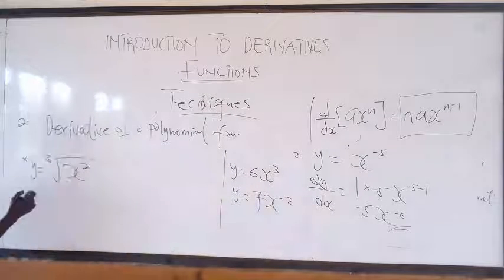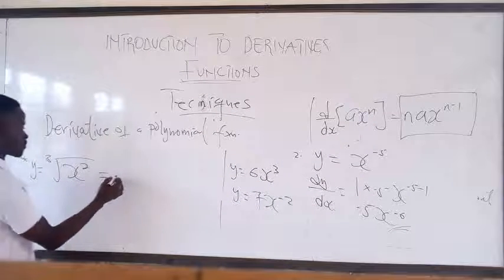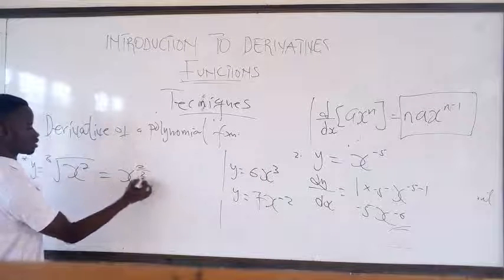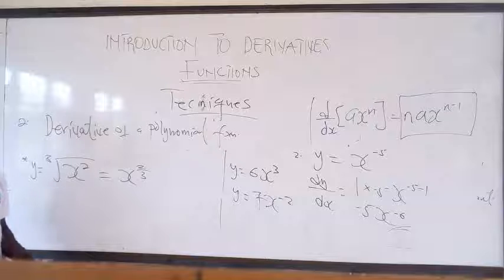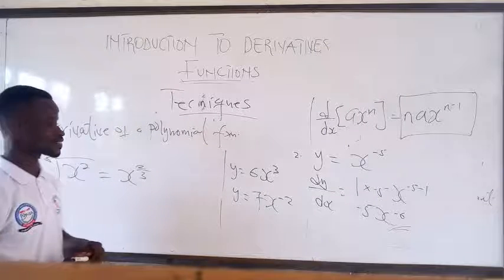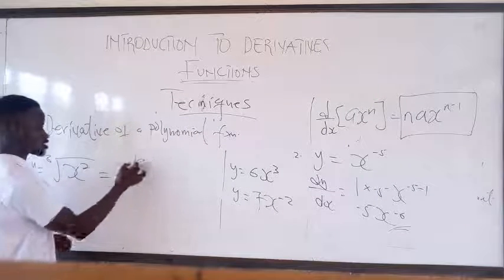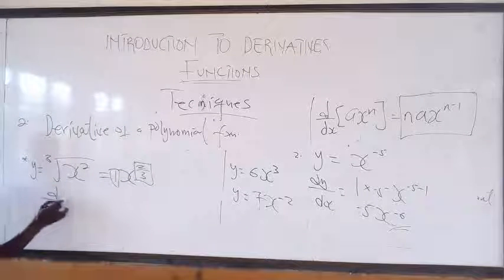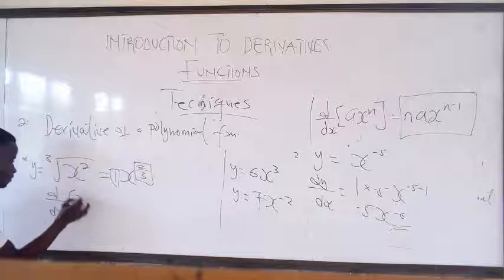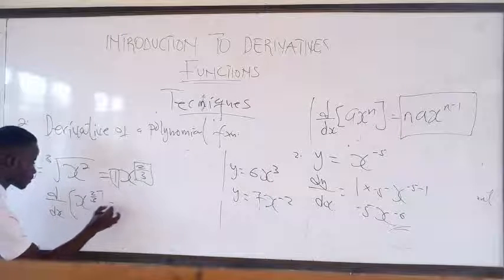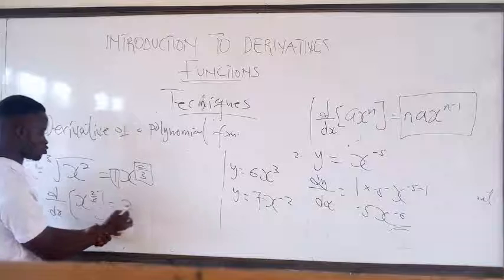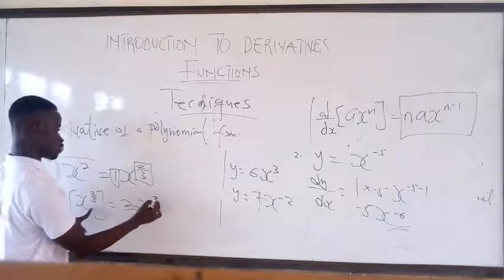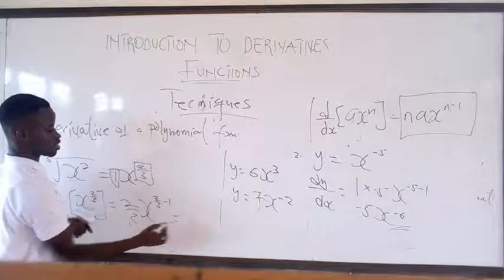So we write this one in the form x to the power 2 over 3. With this, you can see that this is the power and the coefficient is 1. So the derivative will give us 2 over 3 multiplying this by the 1 x, then 2 over 3, subtract 1 from it. Then you get your answer.